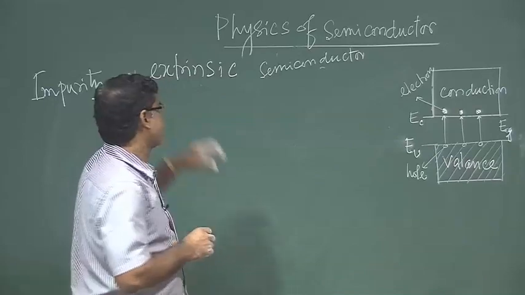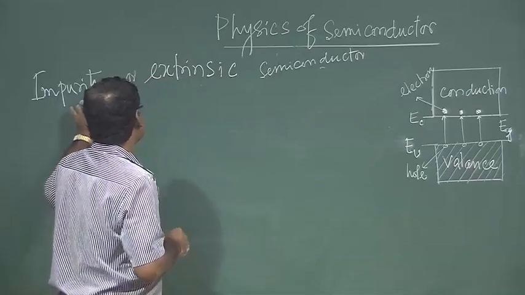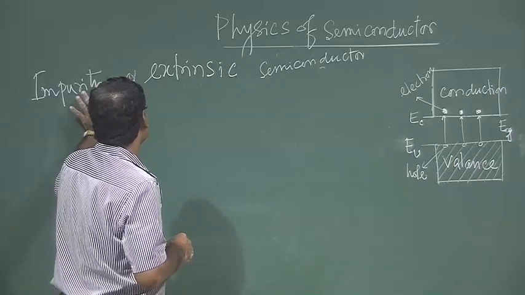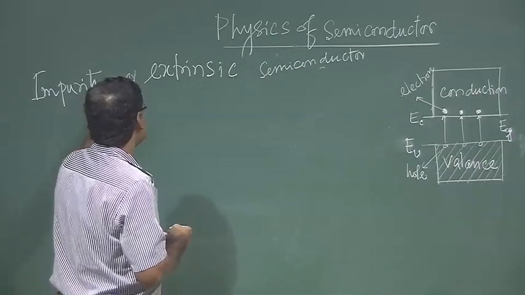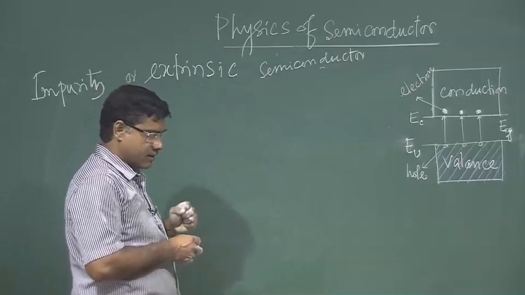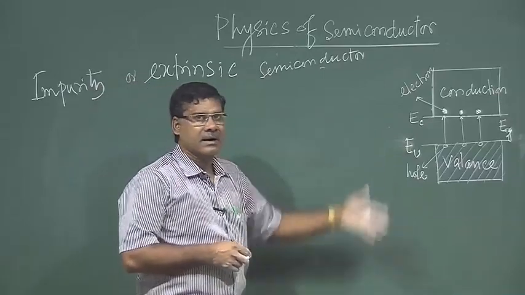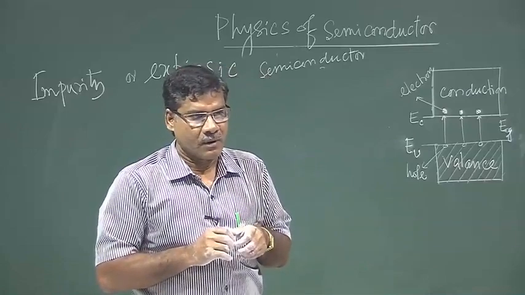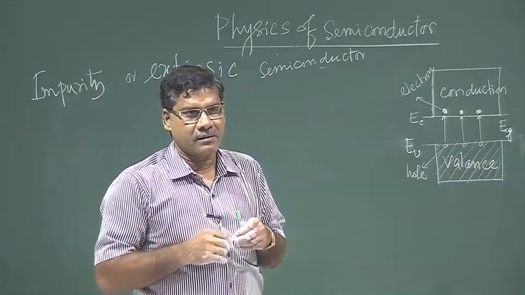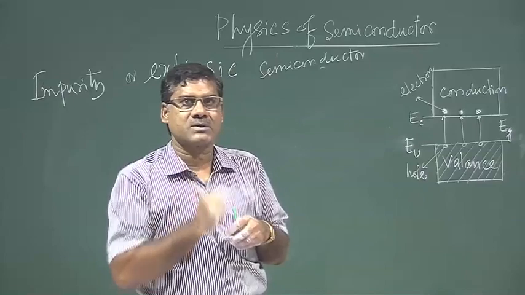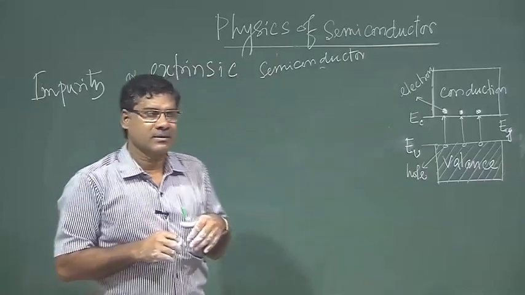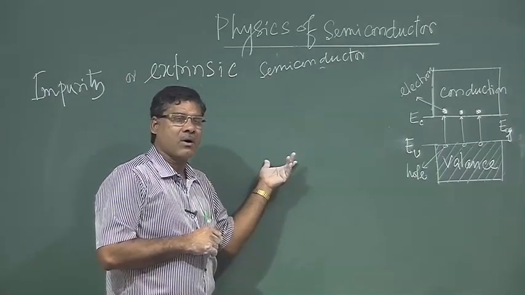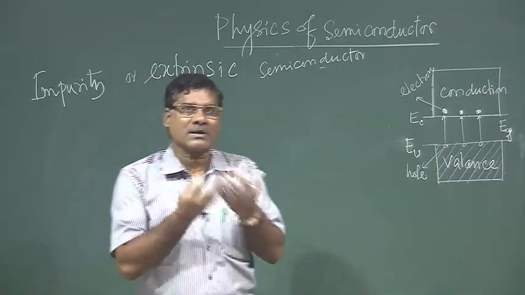But there is a process: when intrinsic semiconductors are doped with some dopant, some atoms, which will give either electrons or holes to the semiconductor, it is called an impurity or extrinsic semiconductor.